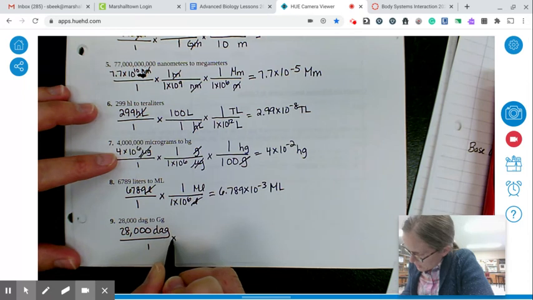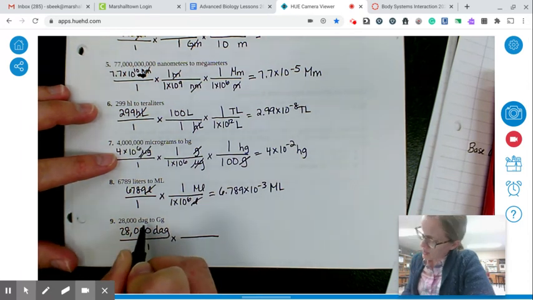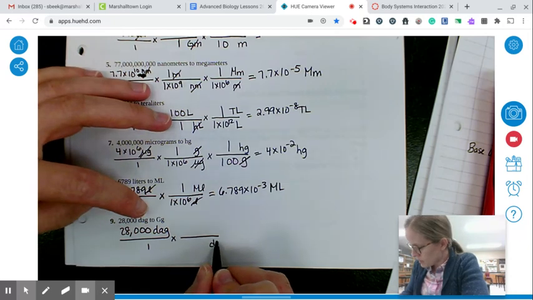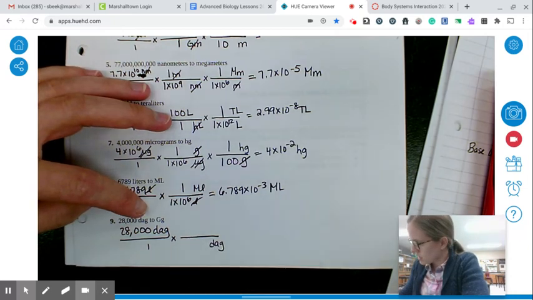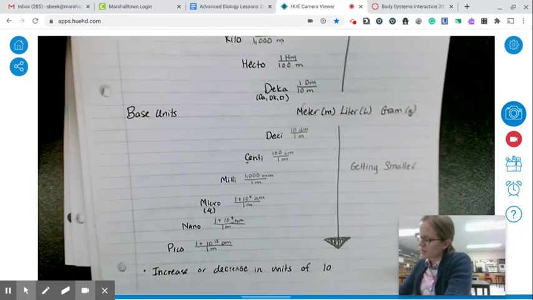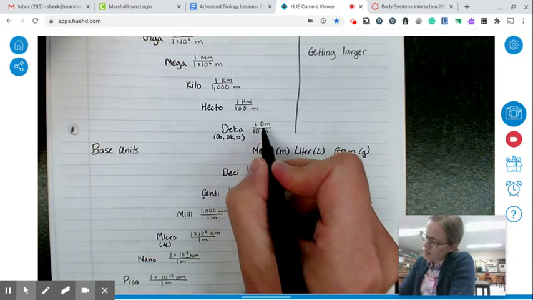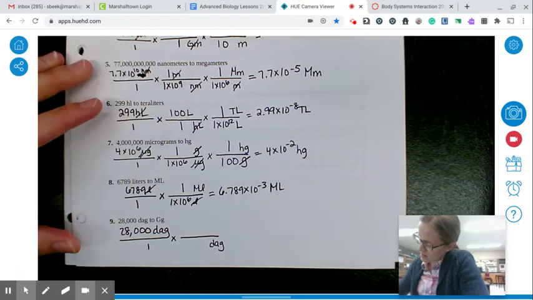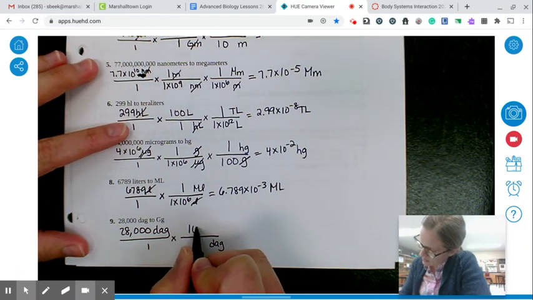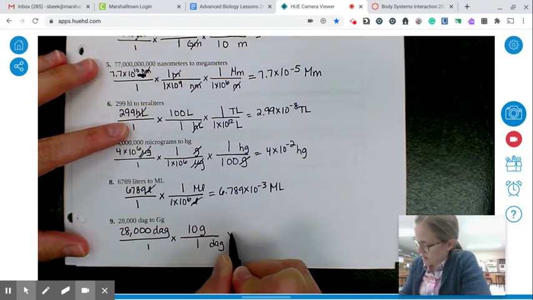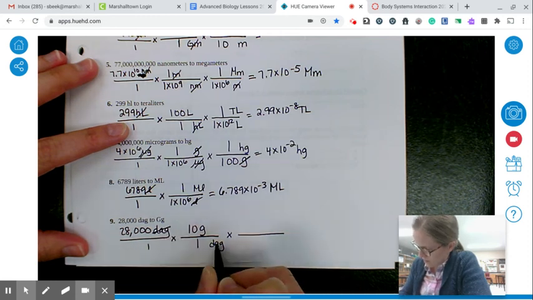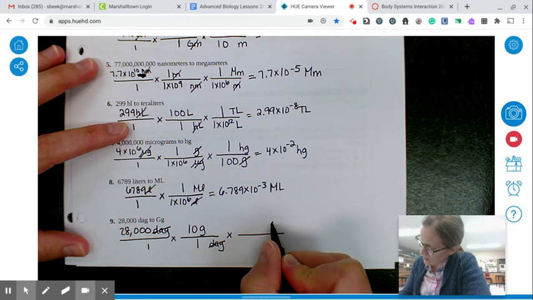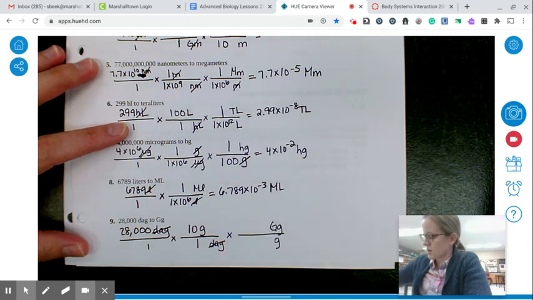Oh, this one's not going to be so easy. This is not the base unit. That's not the base unit, so it'll have to be 3 steps. So I'll take my decagrams and put it down here, and then look up decagrams. Deca, in 1 decagram, there are 10 grams. So 1 decagram, 10 grams. And then I'll take my grams and put it on the bottom. And then I can go to gigagrams.